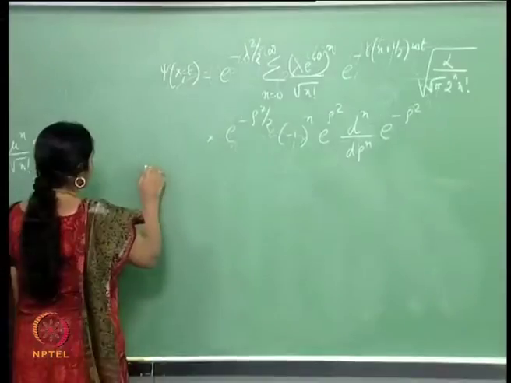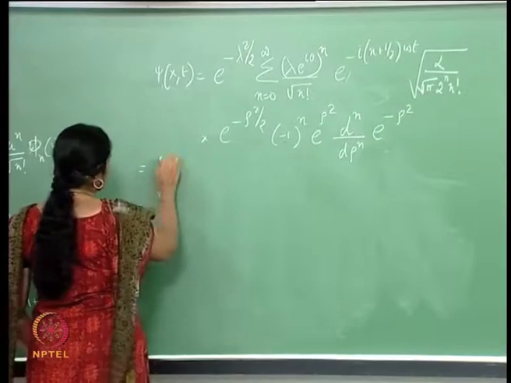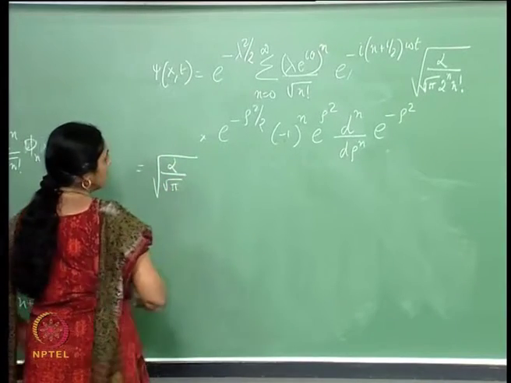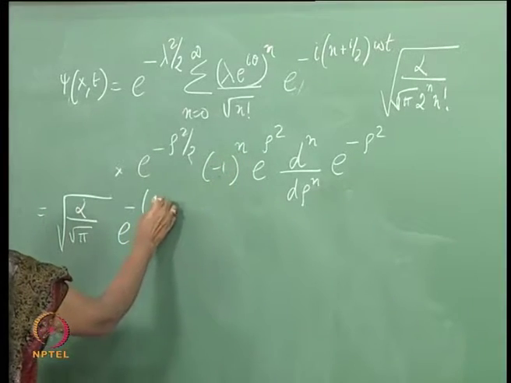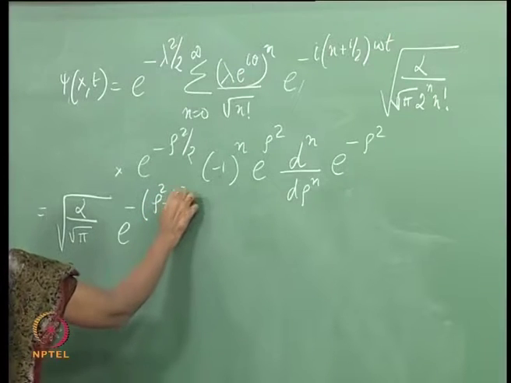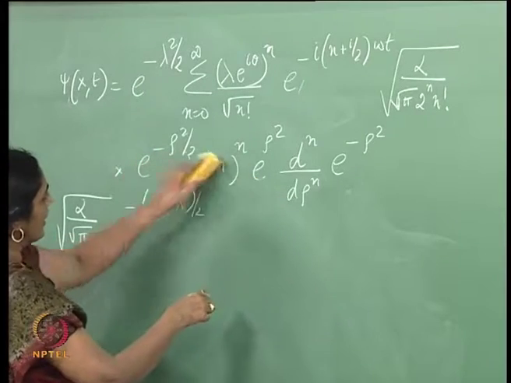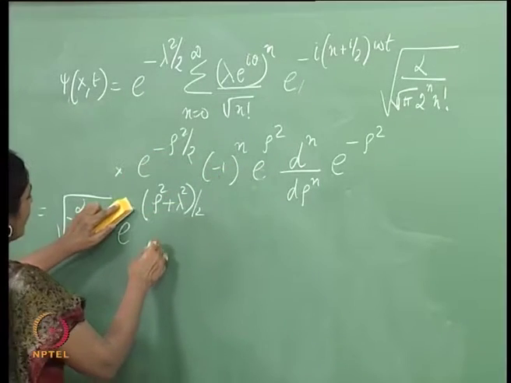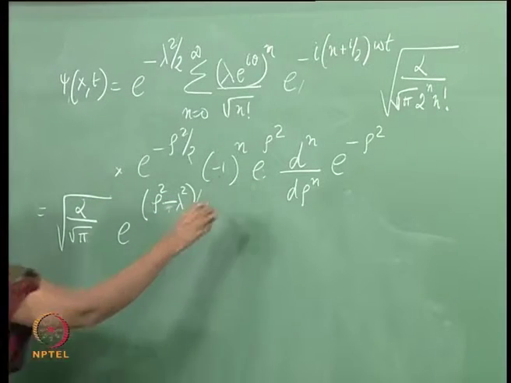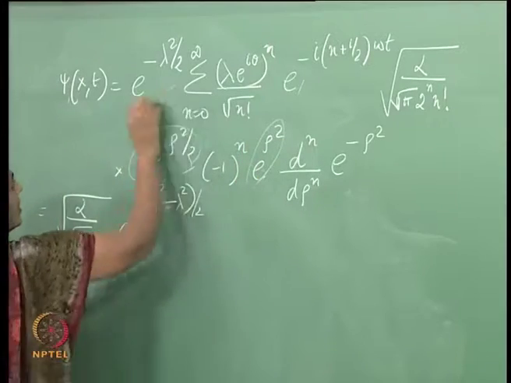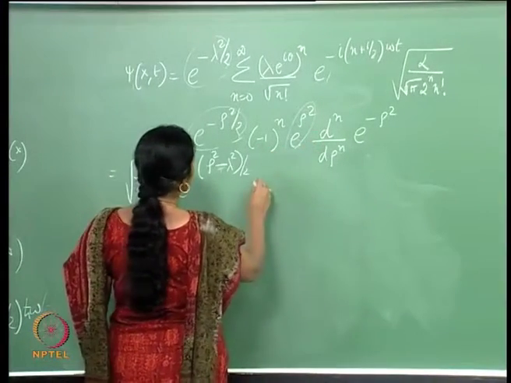So there are certain things that I can pull out here already. First of all, I can pull out a root alpha by root pi, and then e to the minus rho squared plus lambda squared by 2. This together gives me an e to the plus rho squared, and therefore it is rho squared minus lambda squared by 2. So I have taken care of this object and this and this. I guess I have to put everything else inside the summation.